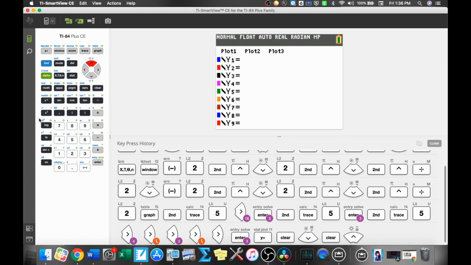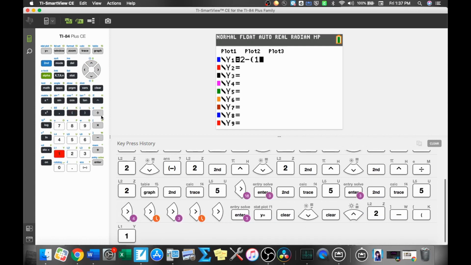Now, you may notice that we don't have a secant here, right? Remember that secant is the reciprocal of cosine. So when I type this in, I'm going to type 2 minus, and then a parenthesis, and it's going to be 1 over cosine quantity squared. So 1 divided by cos x.